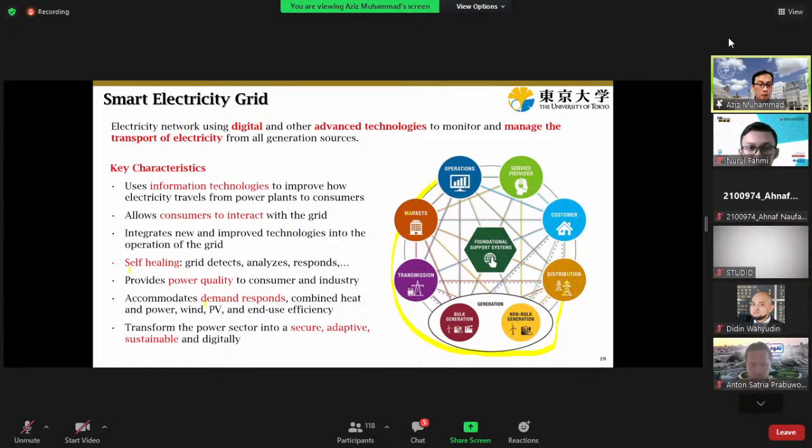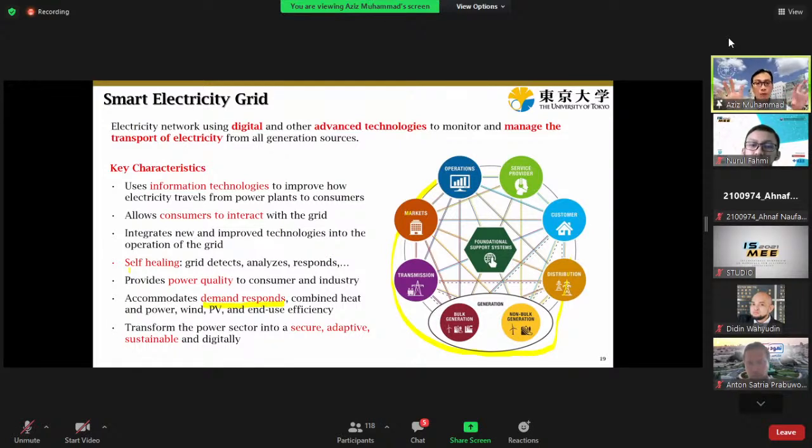And there will also be a trend toward demand response. Until now, in conventional energy systems, the supply side follows the change in the demand side. But in the future, no. Because both the supply side and the demand side are fluctuating. When we are dealing with renewable energy, the supply side also fluctuates.